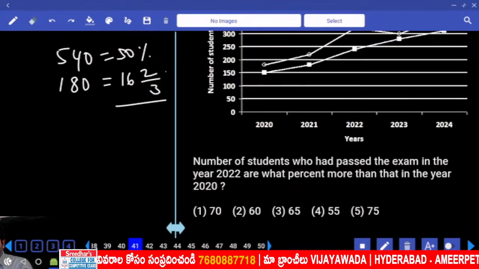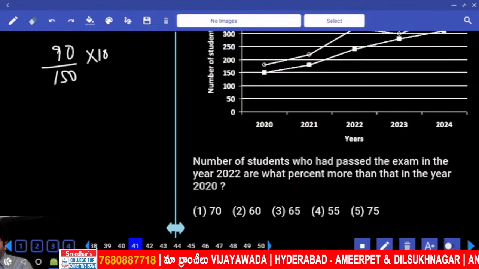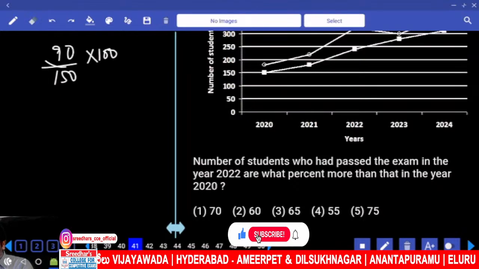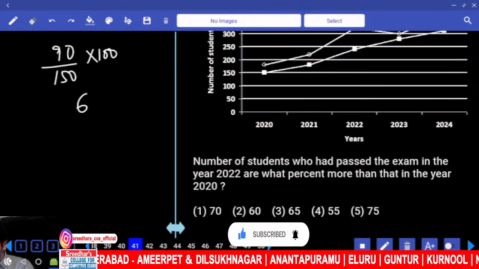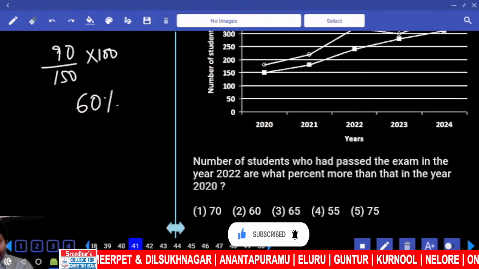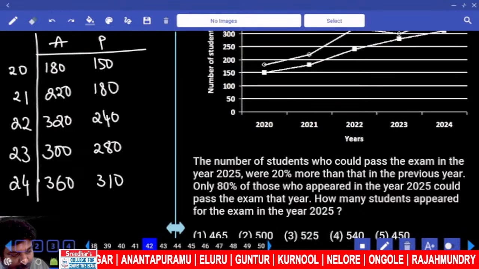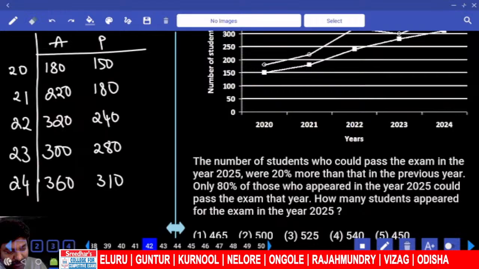So it is 90 upon 150 into 100. What is 10%? 15. 15 how many times is 90? 6 times. So the answer is 60%.